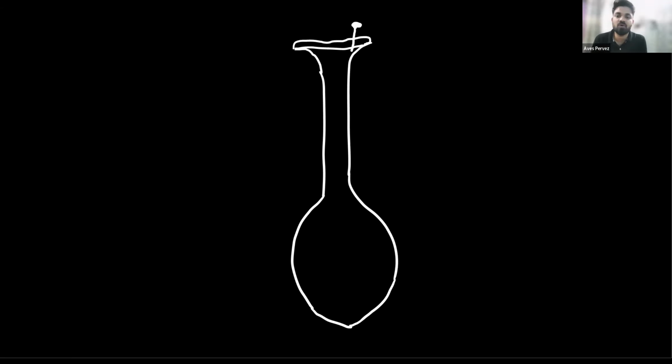If the pollen grain comes over the stigma, and it is of the same species and not defective, then the stigma allows it to germinate. When it starts germinating, it gives rise to a pollen tube.